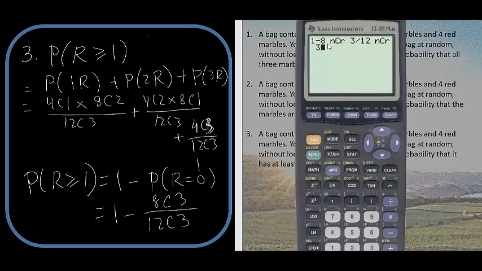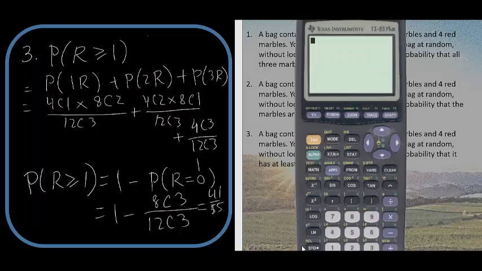So I'm just saying 1 minus 8C3 divided by 12C3. And see, your answer is 0.745454. If you want the fraction answer, hit 1. That gives you 41/55.